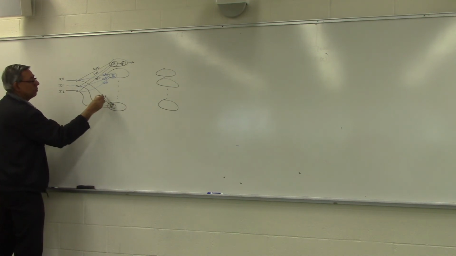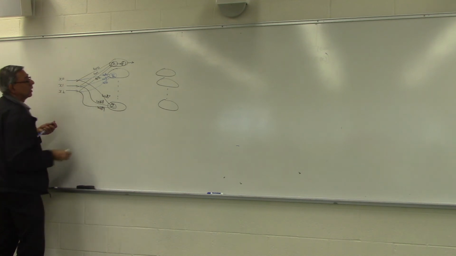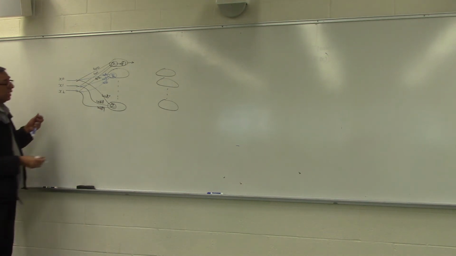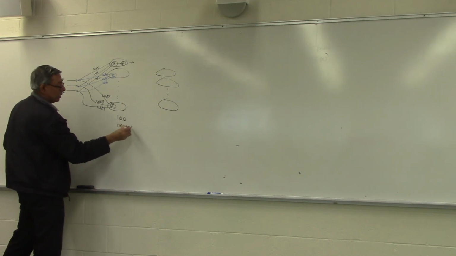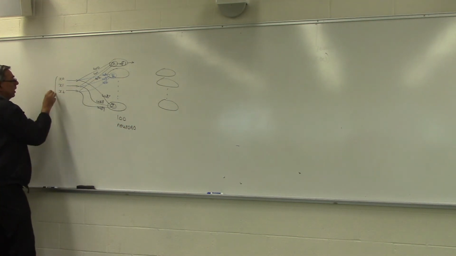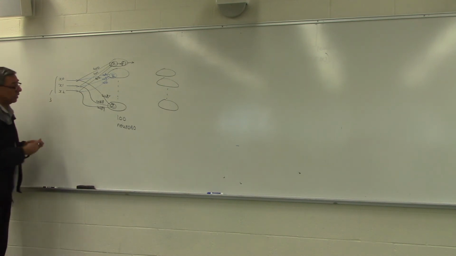Okay, this could be W87, W88, W89. Okay, so for example, let's say I have 100 neurons over here. I have 3 inputs over here. Each one has its own set of weights as it goes to that neuron. So how many total weights will there be?